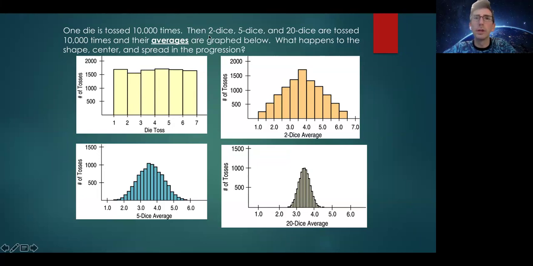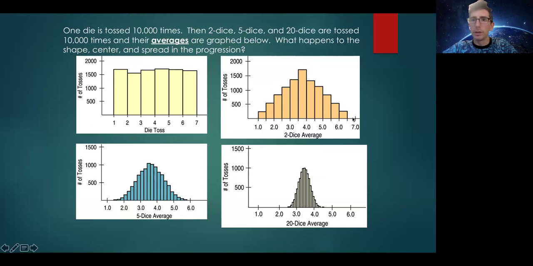But now let's take 2 dice. Let's roll those 2 dice 10,000 times. And every time we roll 2 dice, we take their average. This is like taking a sample of 2. Our 2 dice are a sample size of 2, and we're doing that 10,000 times, and each time we're taking the average.